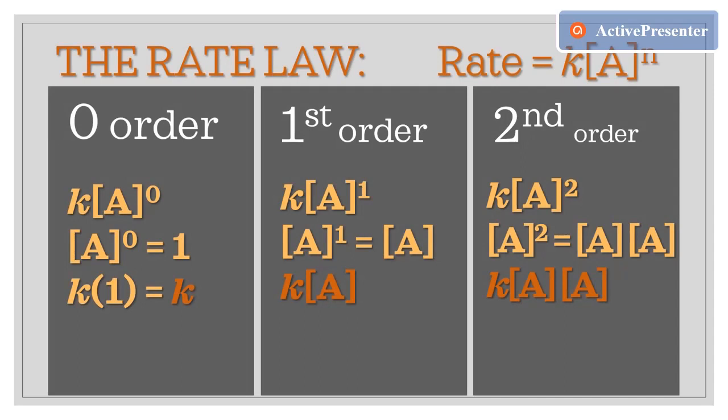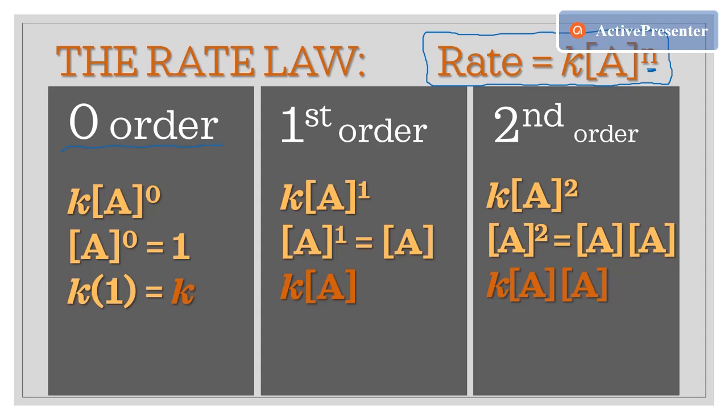So here's a little bit more detail about the rate law. I wrote, just so you can remember up here, the rate equals that k constant times the concentration of A to the power of the order, this is an n, so that just means whatever order you're in. So first, let's look at 0 order.